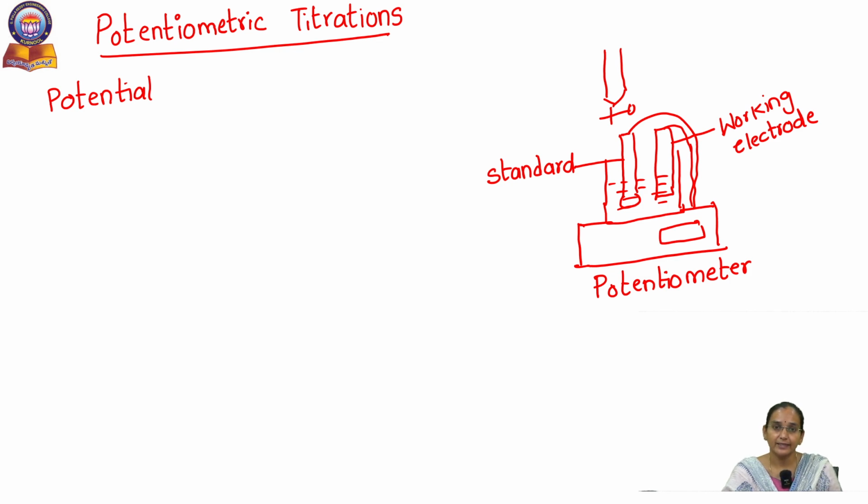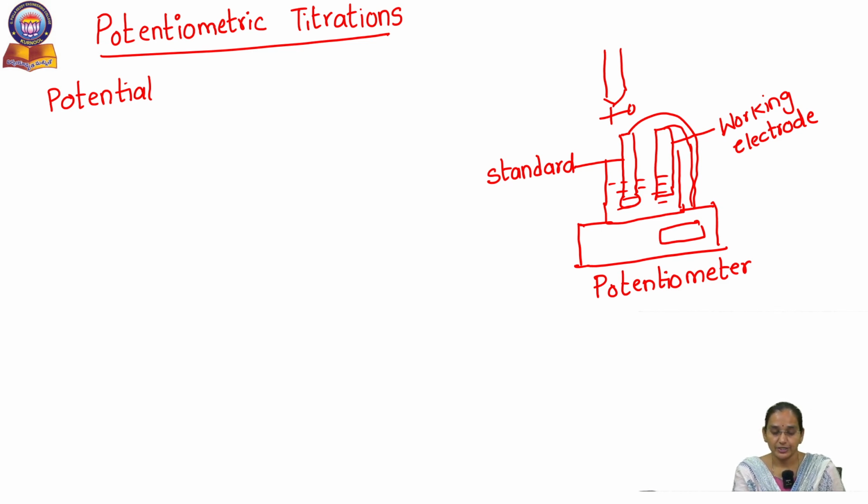If we calculate the endpoint or concentration of the solution by measuring the potential, we call it potentiometric titration. In potentiometric titrations, generally we have 2 electrodes, and these 2 electrodes are connected to a potentiometer to measure the potential difference. Among these 2 electrodes, one is the standard electrode, and the other is the working electrode.